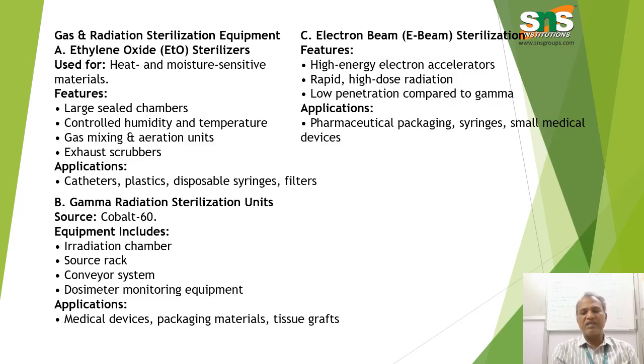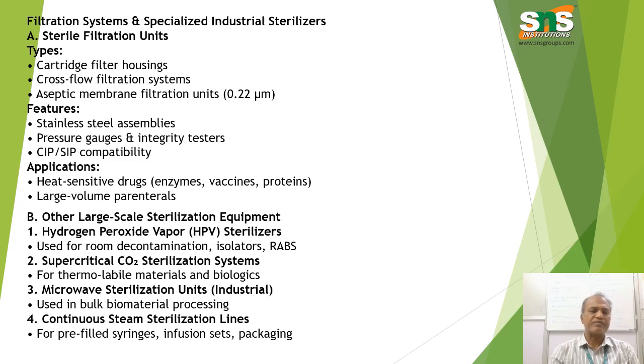Through the high energy electrons, it gives rapid sterilization with a high dose. One more point is that, compared to gamma radiation, the penetration power is low. That is the reason this electron beam radiation is mainly used for pharmaceutical packaging, syringes and medical devices.